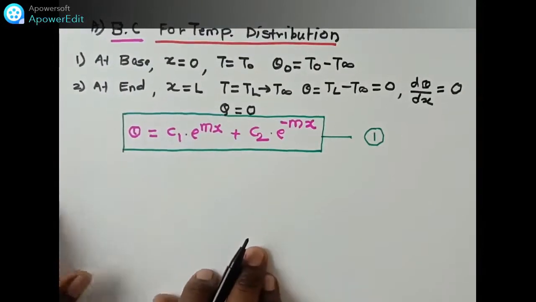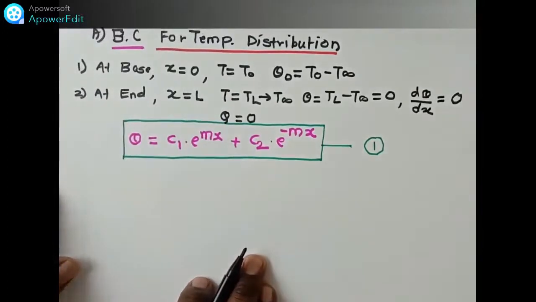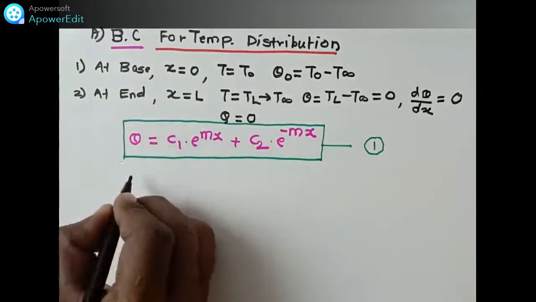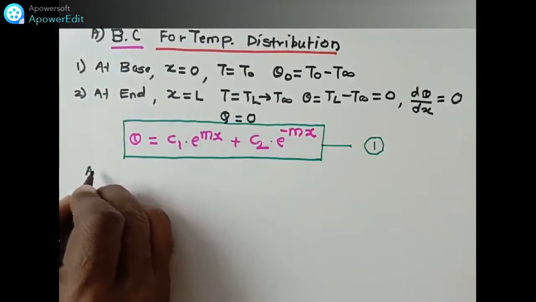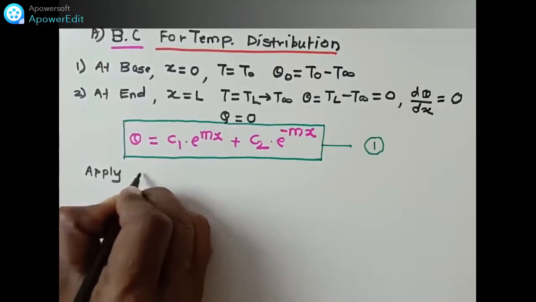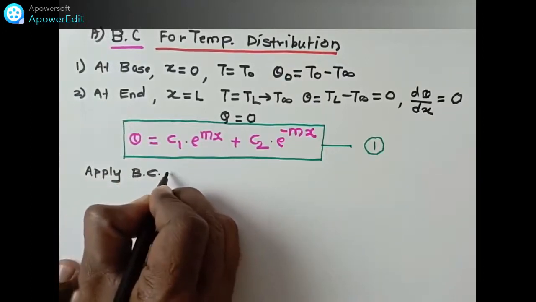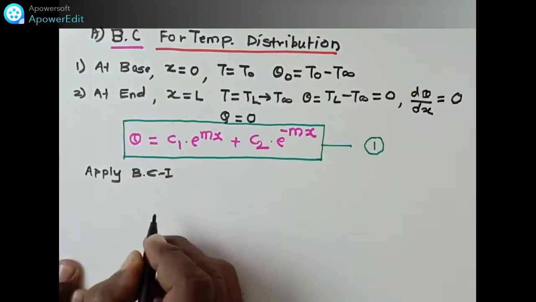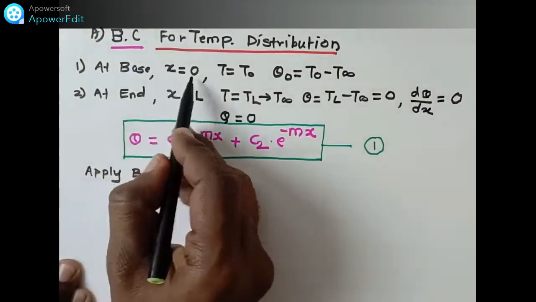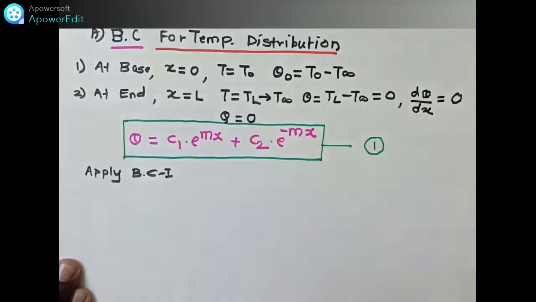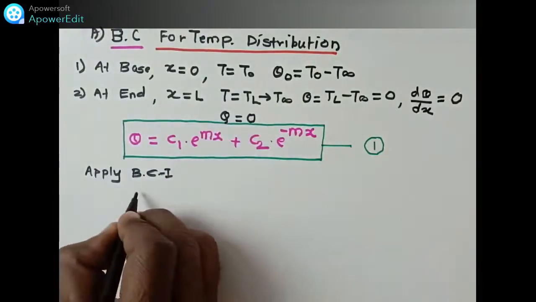So here now applying boundary condition one, means at x is equal to 0, T is equal to T0, that we have to apply.